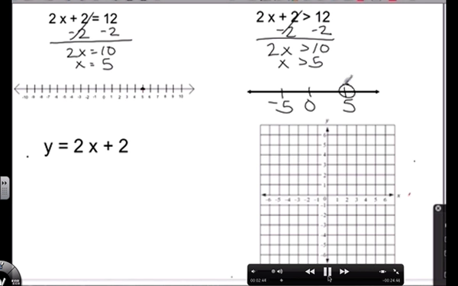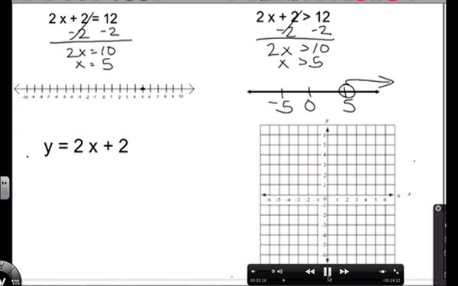Do you remember that? And then we indicated that all of these numbers that are greater than 5 are part of the solution. If I plugged 5 into this inequality, 2 times 5 is 10 plus 2 would give me 12. 12 is greater than 12. Is that a true statement? Is 12 greater than 12?